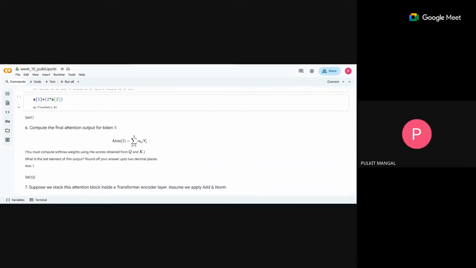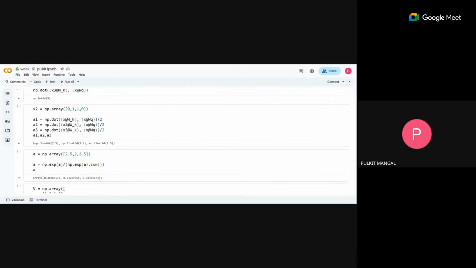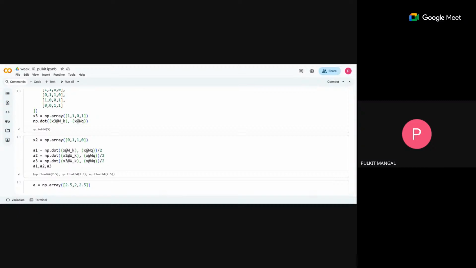Then the next question was the final attention output for token 1. That is the attention of 1 it is asking. Remember, as I said, 1 will be kept as your query, so it is fixed and you vary over the keys. So you need k1, k2, k3. I have already calculated k1.